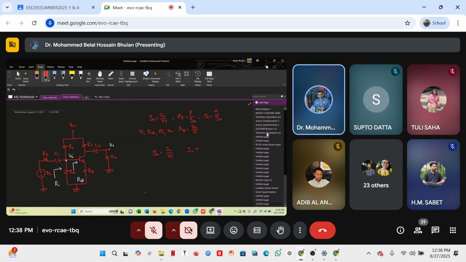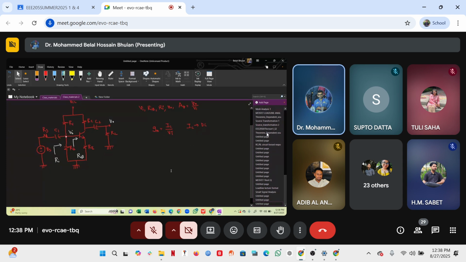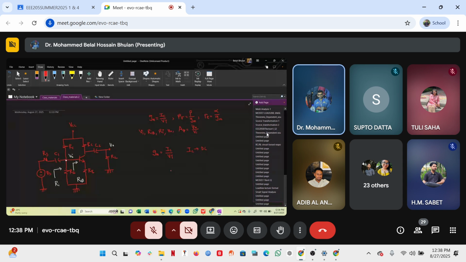What is IC? It's a DC IC. All right. So if this is the case, what does that mean? That means I have to analyze the amplifier only for DC signal. So I need to draw the equivalent circuit. So large signal or DC equivalent, so draw the DC equivalent circuit.